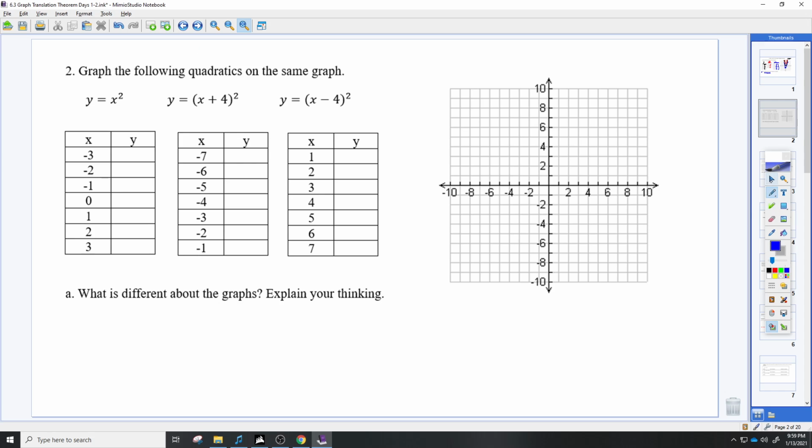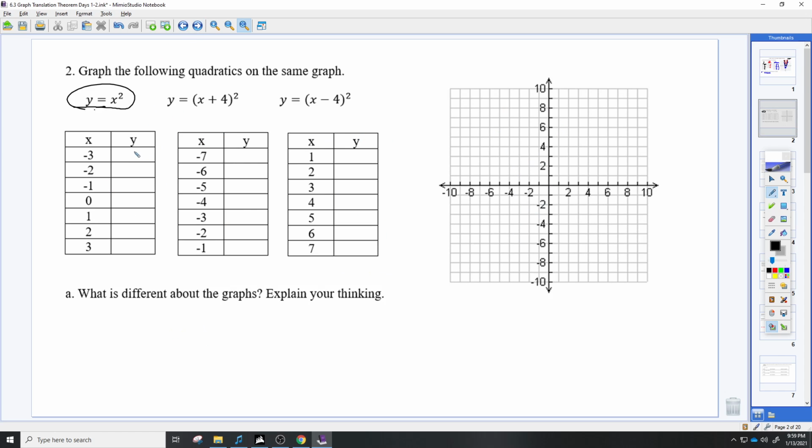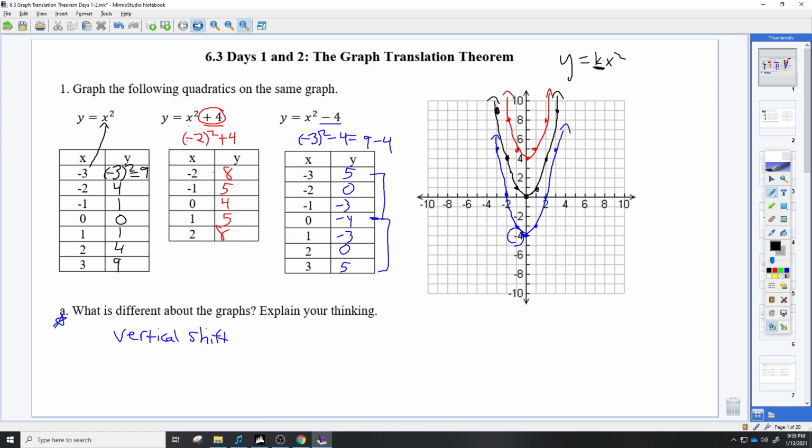Okay, we're going to do another set. Back to the black one. So again, we're going to start with this, we call this the parent graph. We're going to go back to this. I'm going to fill in the numbers again and just graph it real quick. So we already had these numbers filled in. 9, 4, 1, 0. Just copying it down. And then 1, 4, 9. There we go.